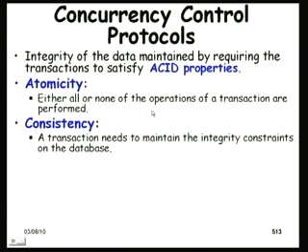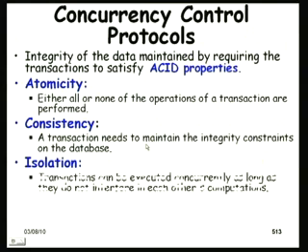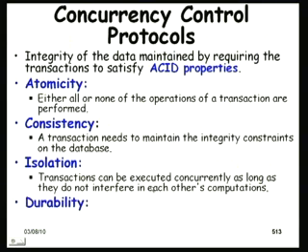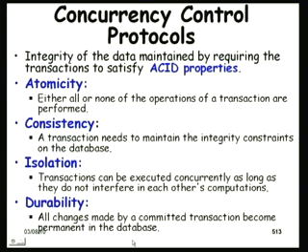Consistency: a transaction needs to maintain the integrity constraints in the database. Isolation: transactions can be executed concurrently as long as they do not interfere in each other's computation. Durability: all changes made by a committed transaction become permanent on the database. So, after the transaction completes, the effect of the transaction cannot be undone. That is the durability property.